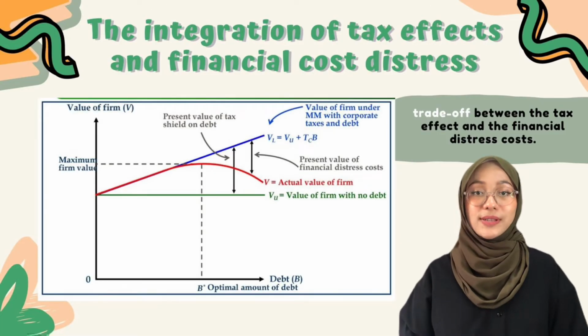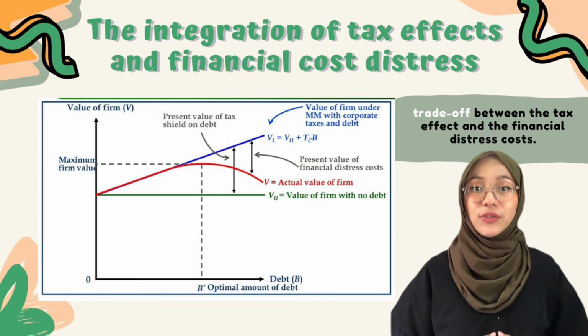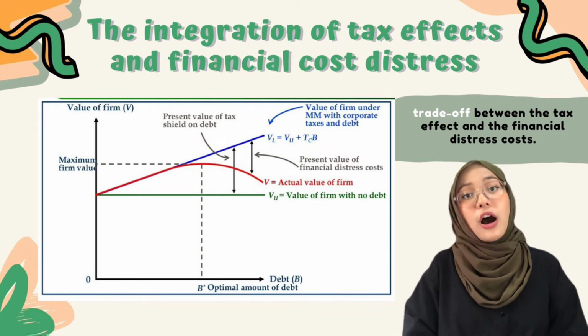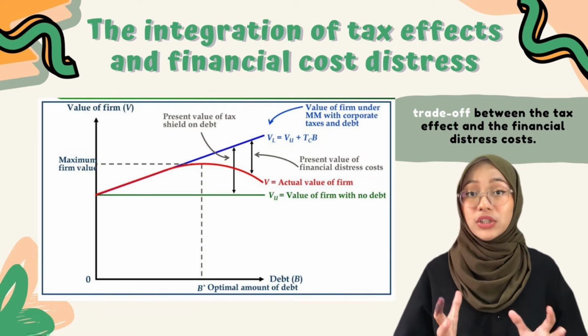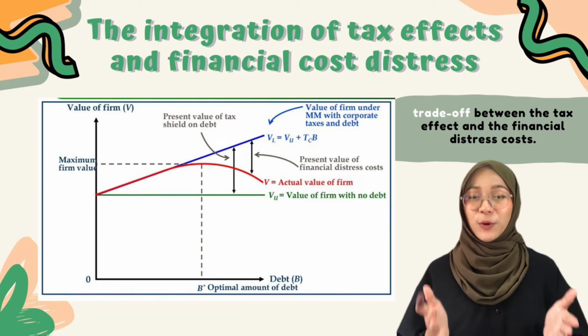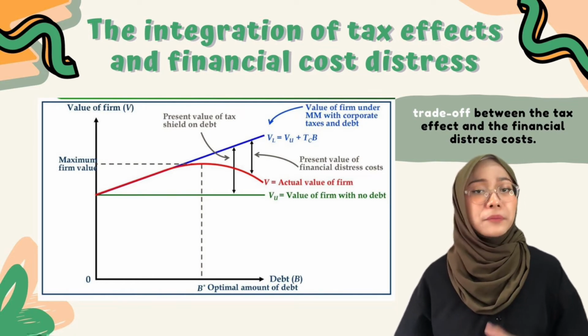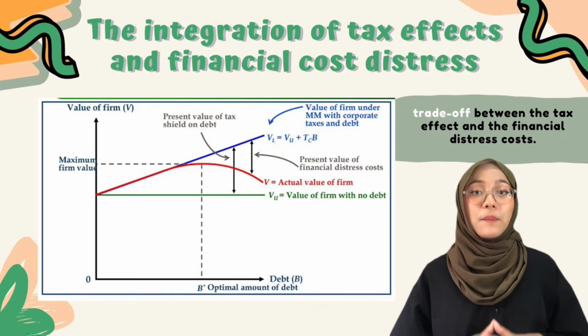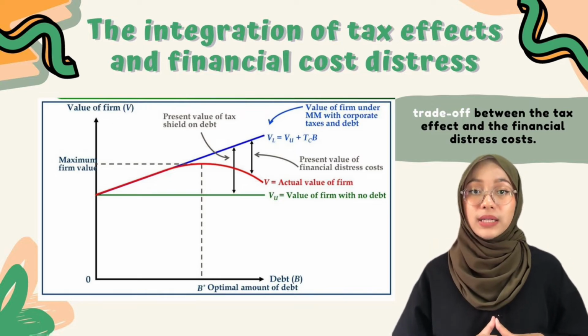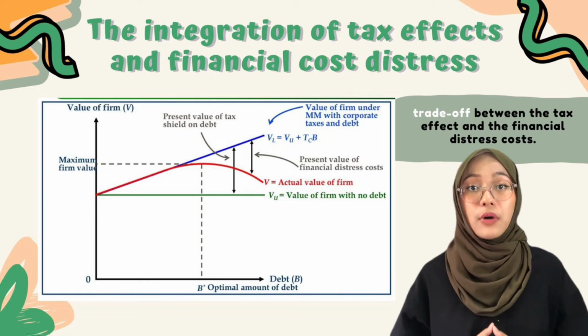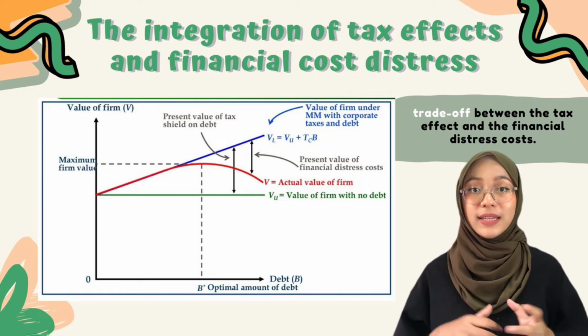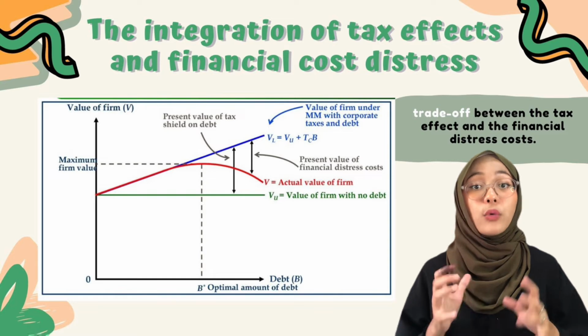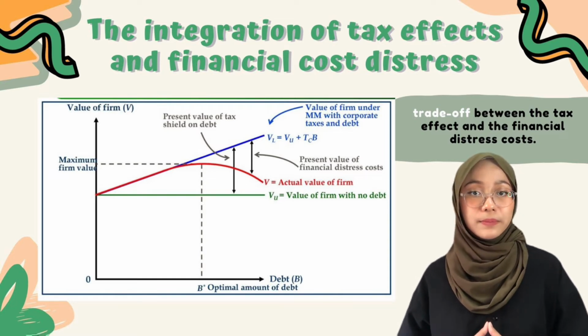Next, integration of tax effects and the financial distress cost. There is a trade-off between the tax effects and the financial distress cost. As we know, financial distress is about bankruptcy when the profits are less than the liabilities. Based on this graph, the red line indicates the actual value of the firm, while the blue line indicates the value of the firm with corporate tax and its debt.